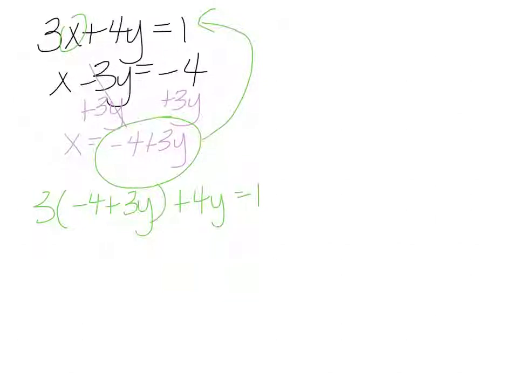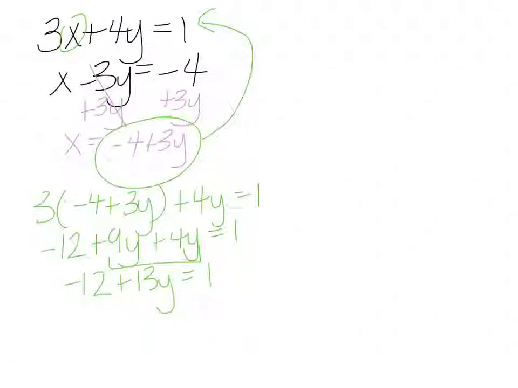We've got to keep the rest of that top equation. -12 plus 9y plus 4y equals 1. We've got some like terms. Add the 12. So 13y equals 13.